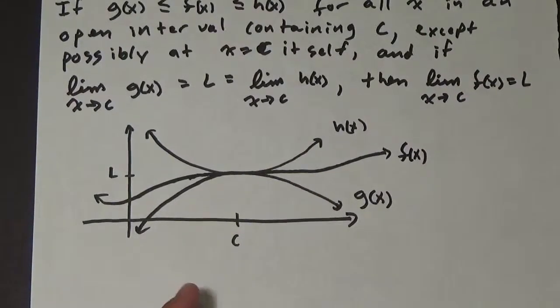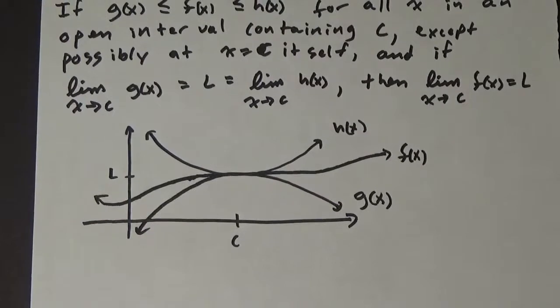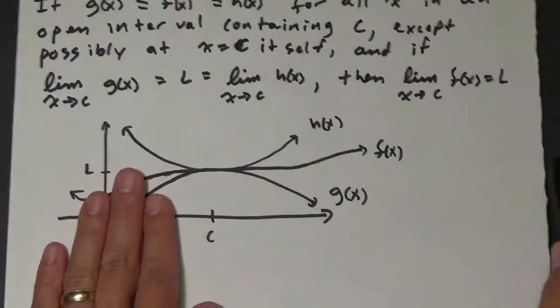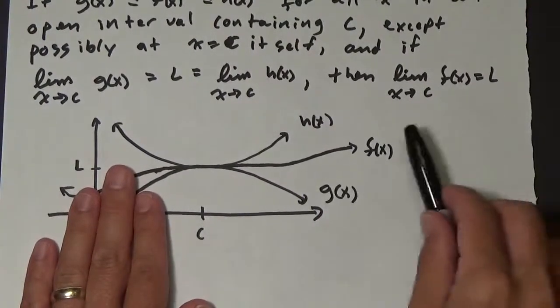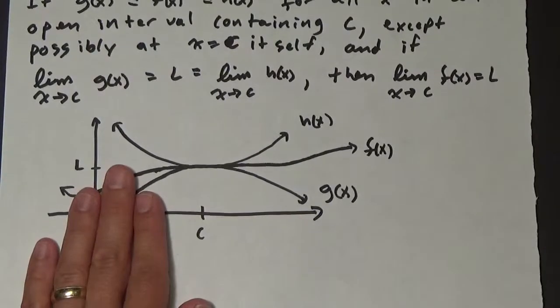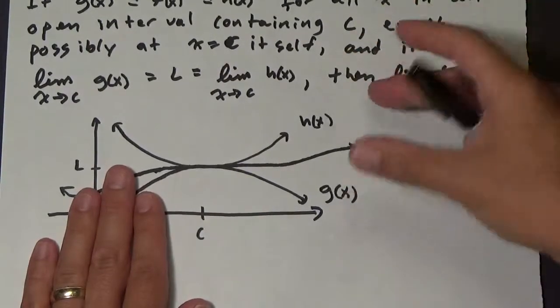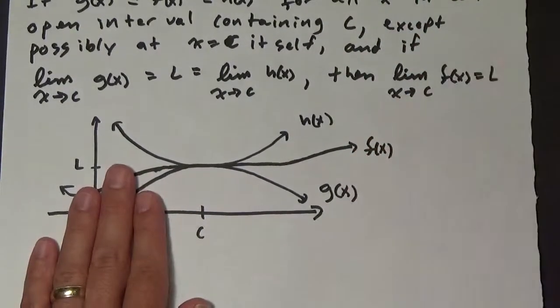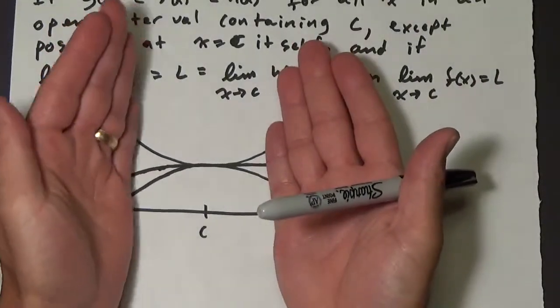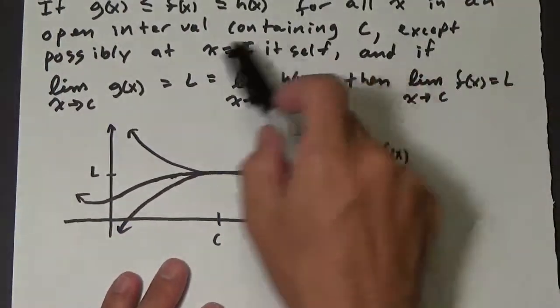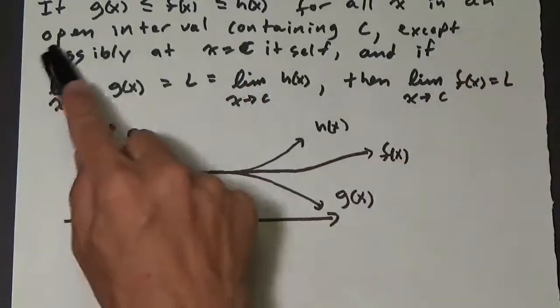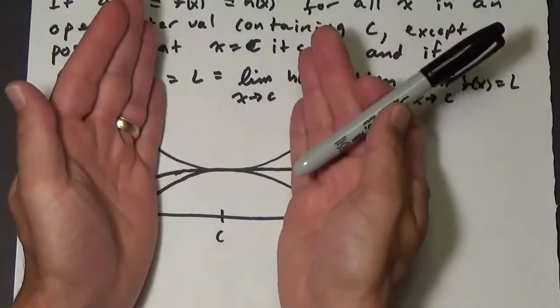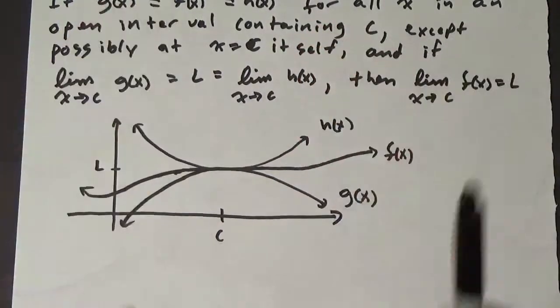Well, it only has to be in between h of x and g of x for some small interval. So if way down here, for whatever reason, f of x goes above or below g of x, or any of them start switching their order, that's okay. We only care about this small little interval right here. That's what it means for all x in an open interval containing C.